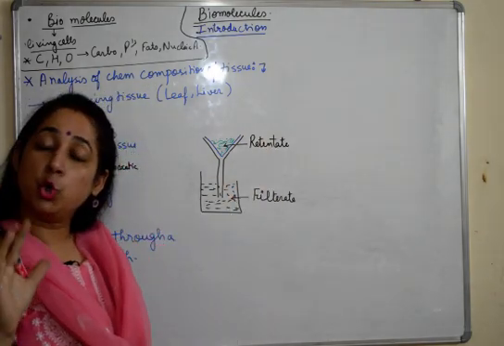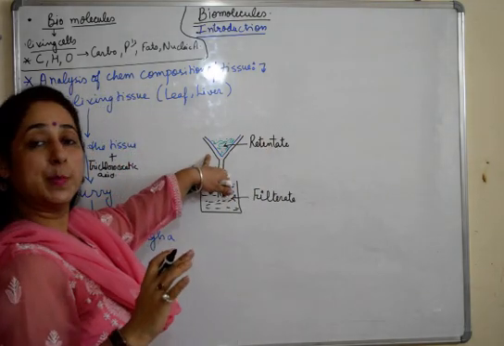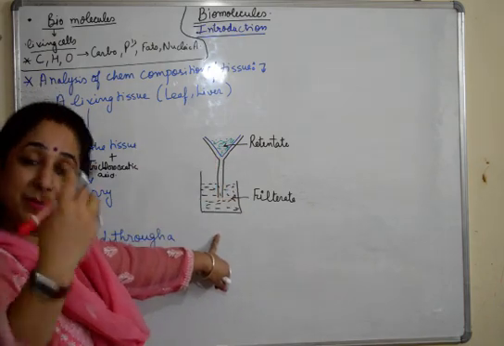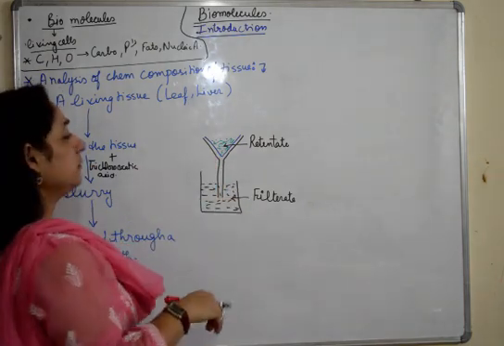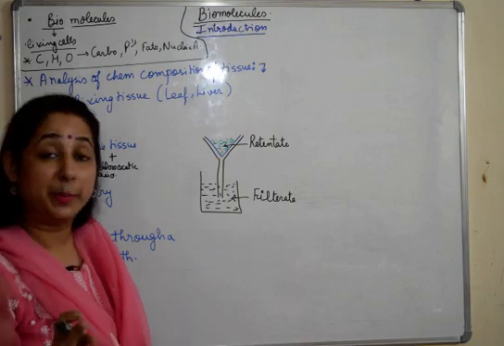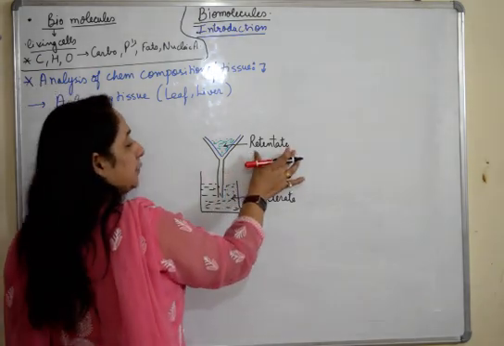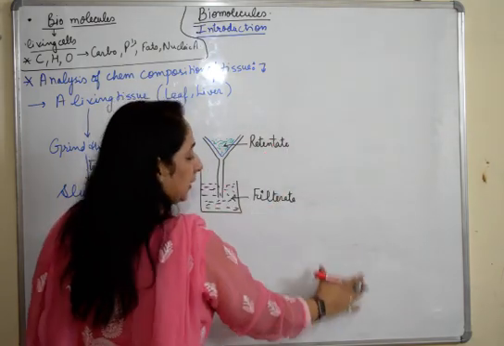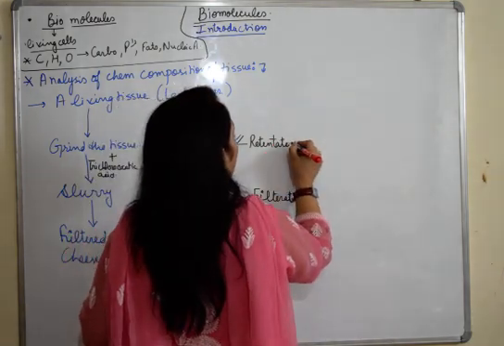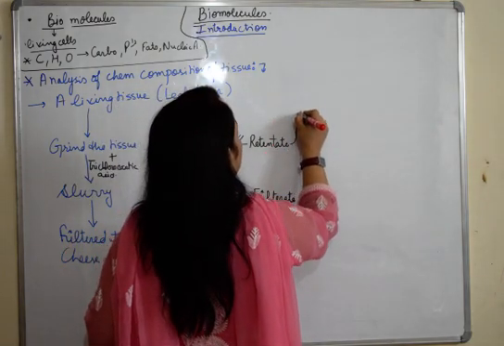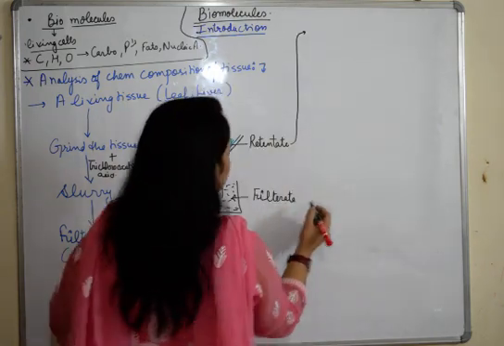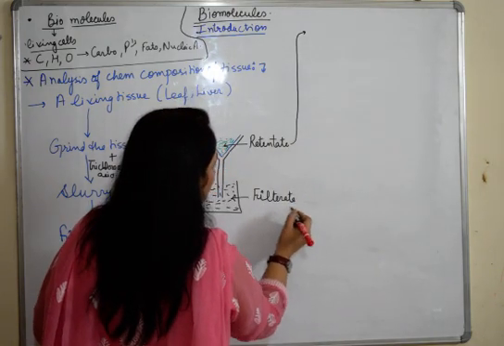So we have two sections, one which remains in the cheesecloth and one which has been filtered out in the beaker. Now we are going to write their properties. First of all, for retentate I'll write here, for filtrate I'll write here.